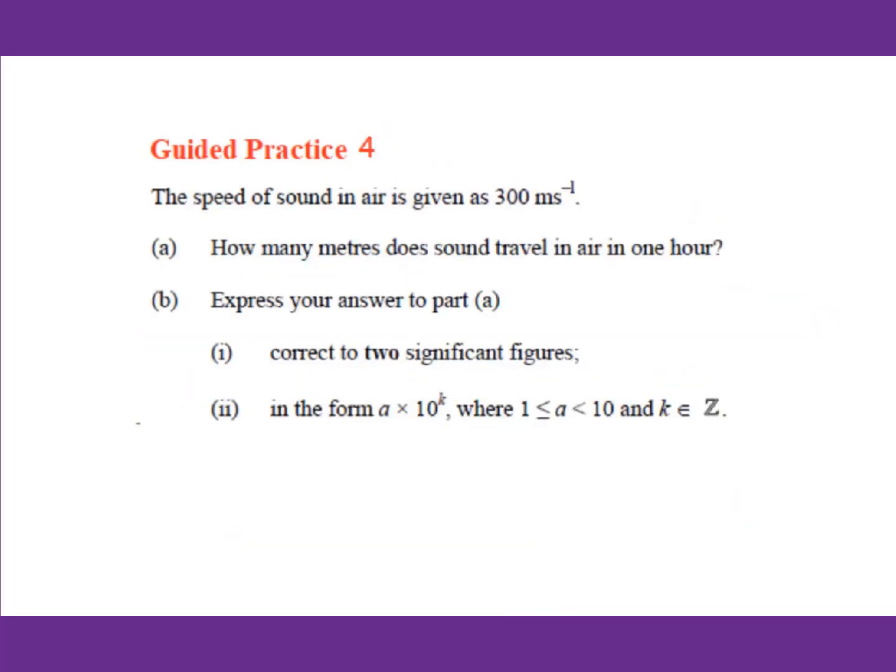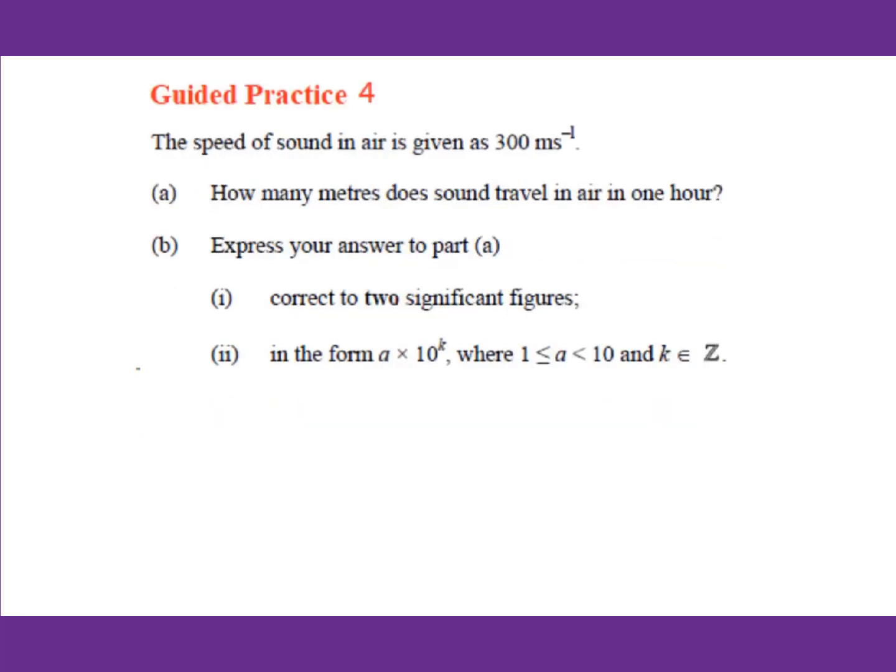Guided practice 4. The speed of sound in air is given as 300 meters per second. How many meters does sound travel in air in 1 hour? We know that 300 meters per second. We also know that 1 hour equals 60 minutes, which equals 3600 seconds.